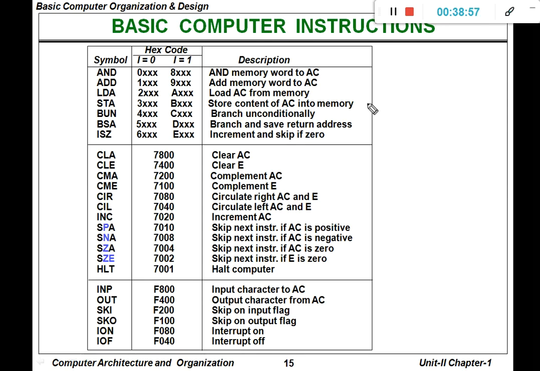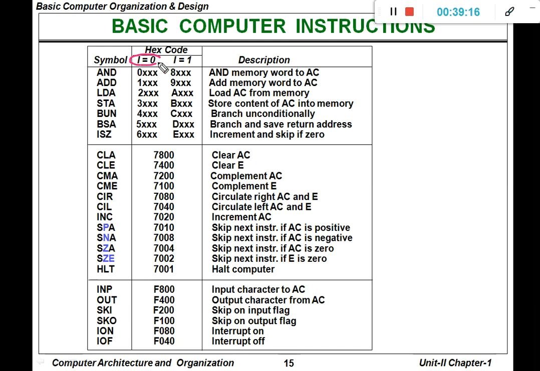Now if you see the basic computer instructions which we have discussed in the previous class, you will get more clarity. Now map the flow chart with this particular data. Okay. So what we are going to map is based on the I value.